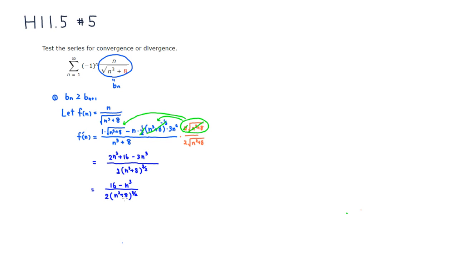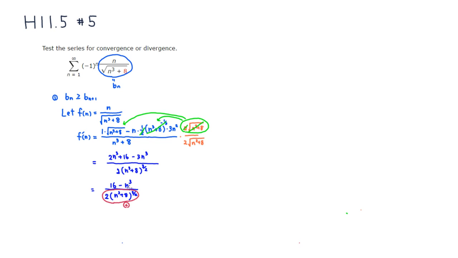Alright, look at this denominator right here. Since n is a natural number, n cubed is positive, plus 8 positive, everything is positive. So we know that the denominator is positive. For the numerator, in the beginning it's actually positive. If you put in 2, 16 minus 2 cubed, which is 8, so it's positive.